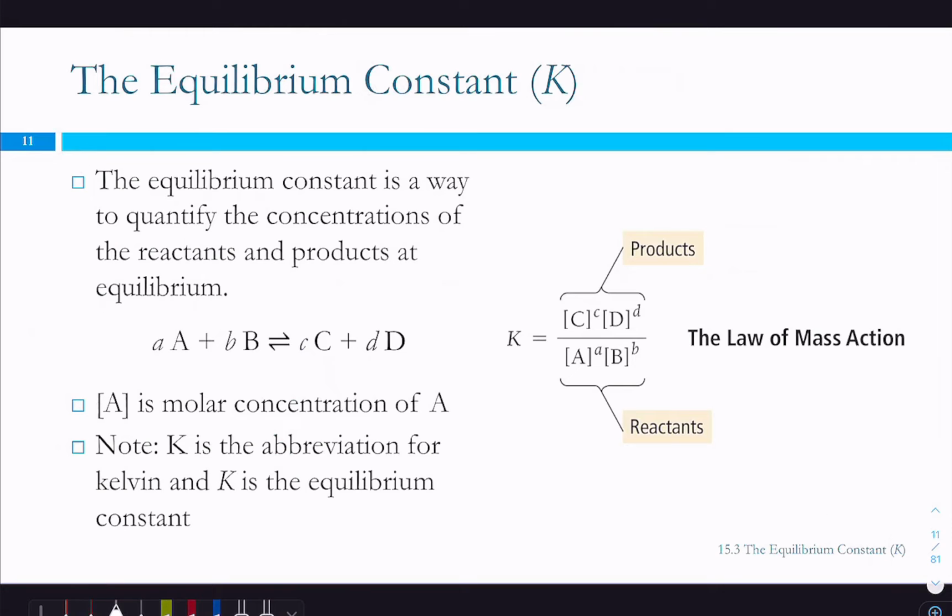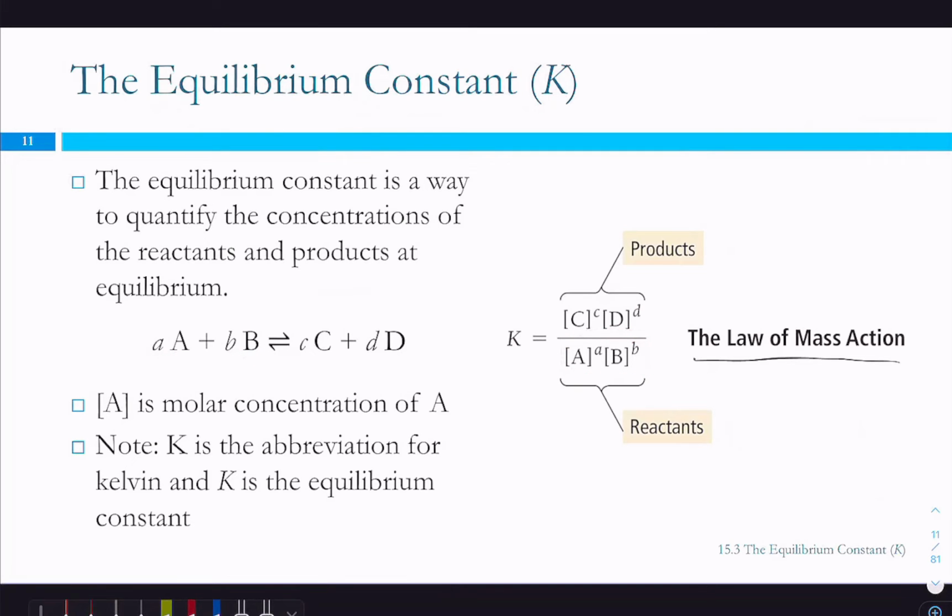So the equilibrium constant follows a very nice, very convenient pattern. I like the equilibrium constant equation. It's also called the law of mass action. So our equilibrium constant, unlike our rate laws, is going to be based on the coefficients in the balanced chemical equation. So we can take our reactants, they go in the denominator, our products go in the numerator.